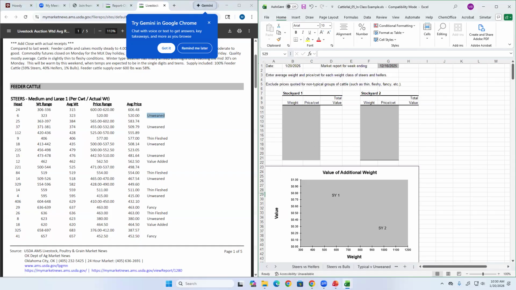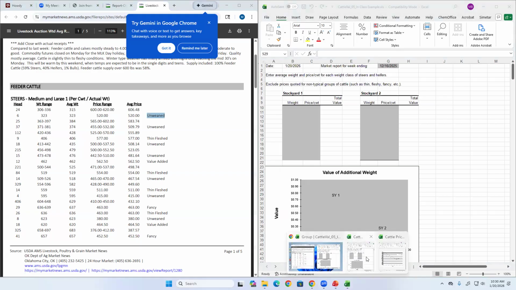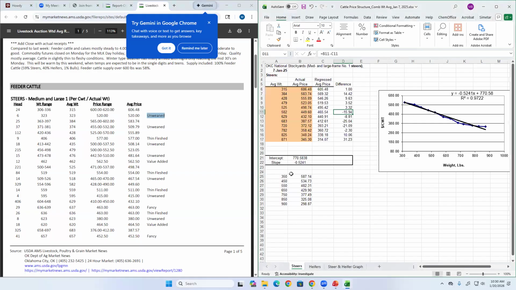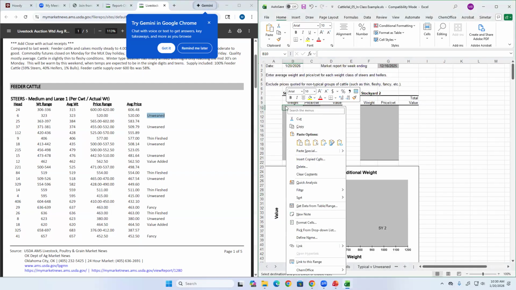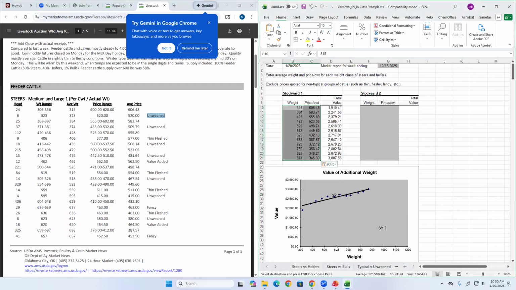Okay. All right. Let's look at a couple of different comparisons. Just going to paste those numbers there.